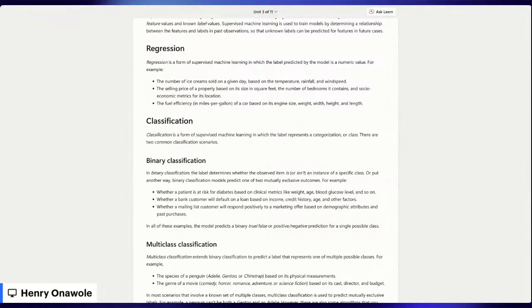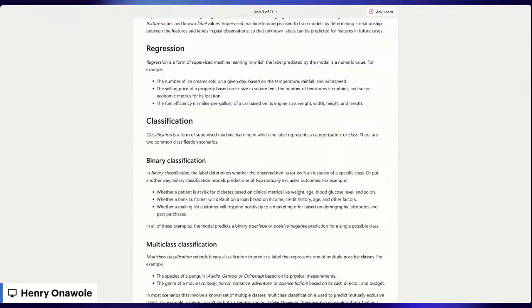Regression is a form of supervised machine learning in which the label predicted by the model is a numeric value. For example, the number of ice creams sold on a given day based on the temperature, rainfall, and wind speed.